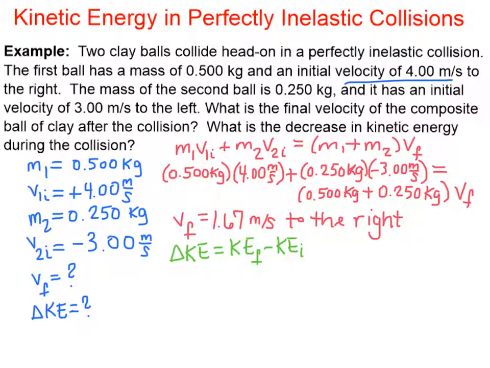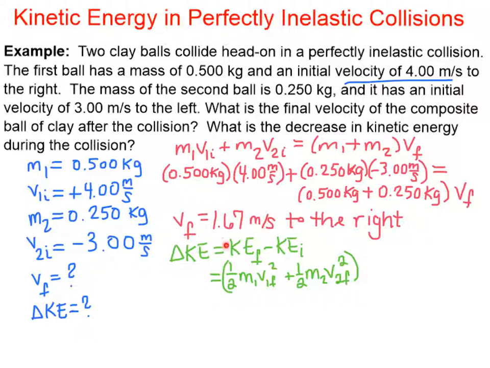Now, to calculate my change in kinetic energy, I can simply look at the final kinetic energy minus the initial kinetic energy. And that will give me my change in kinetic energy. Realize that for determining my final kinetic energy, I need to look at both objects.